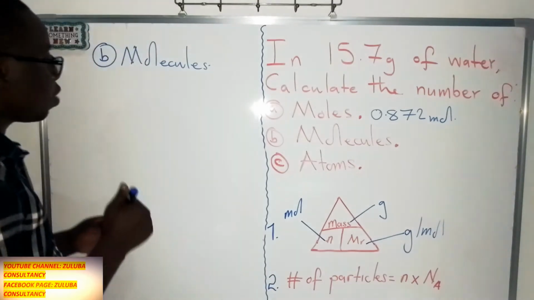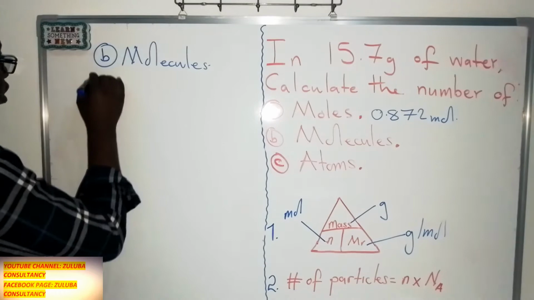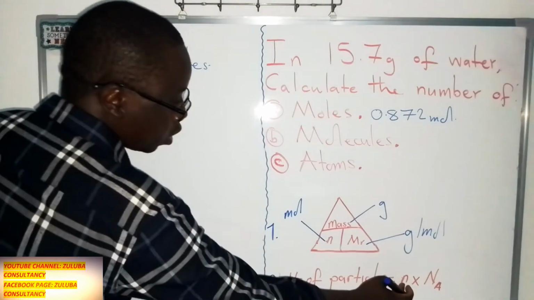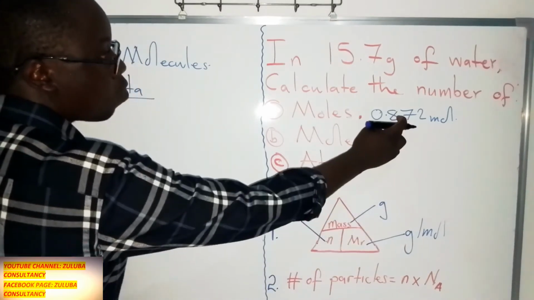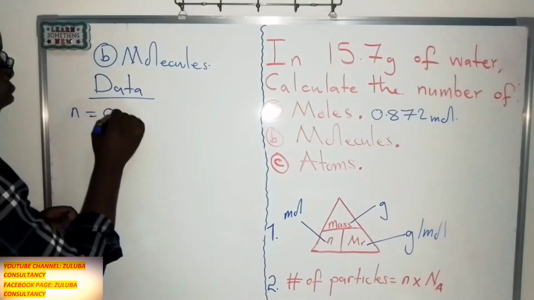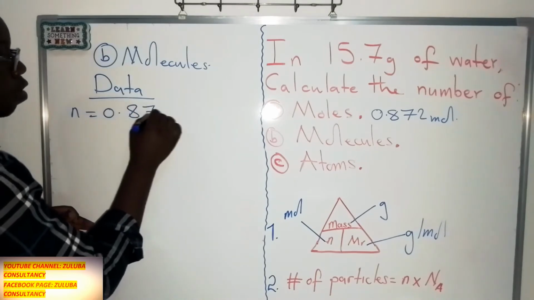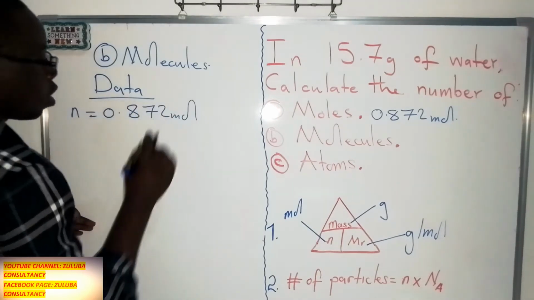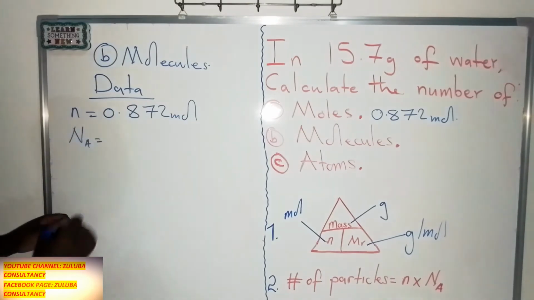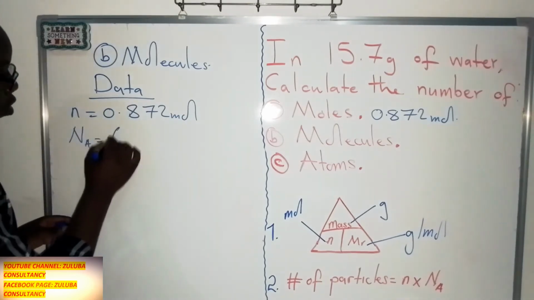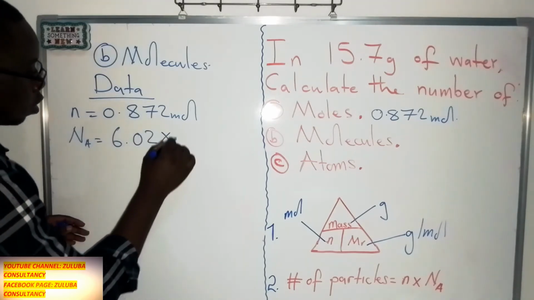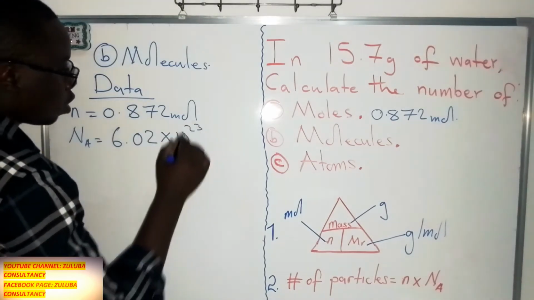So let's get some information for this question. The information that we have is, we need to have the number of moles which we calculated as 0.872 moles. Then we also have to have the Avogadro's constant. Now this number is a constant number, which is 6.02 times 10 to the power 23.